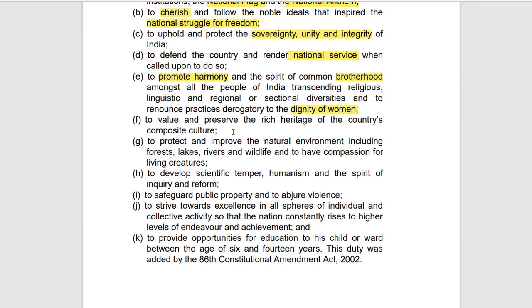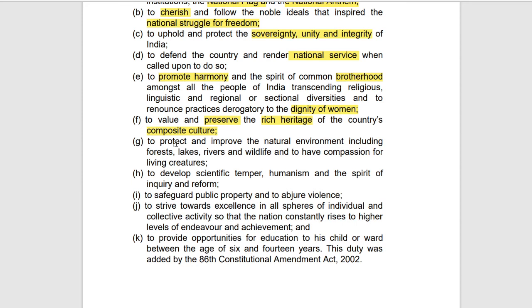All right. Next, to value and preserve the rich heritage of our country's composite culture. So can we just write here rich heritage, composite culture? Yeah, we can write. From this only we can understand. At max you can take this word also, preserve. All right. Next is to protect and improve the natural environment, including forests, lakes, rivers, and wildlife, and to have compassion for living creatures.